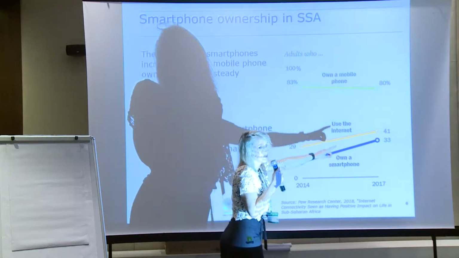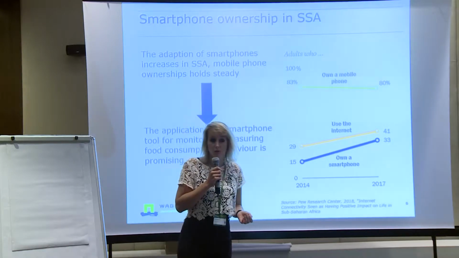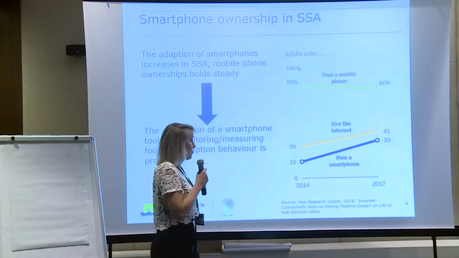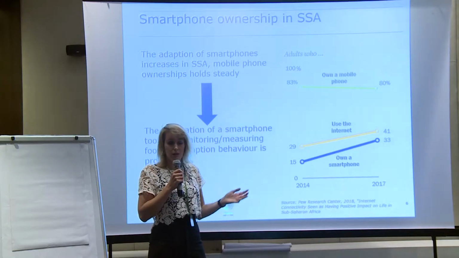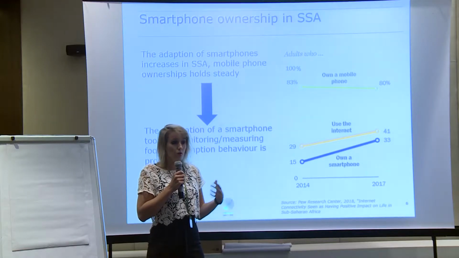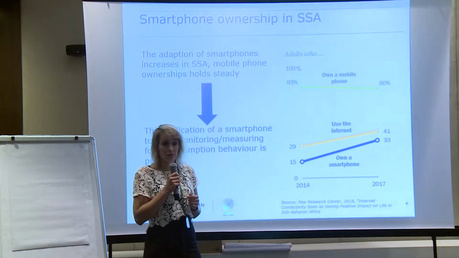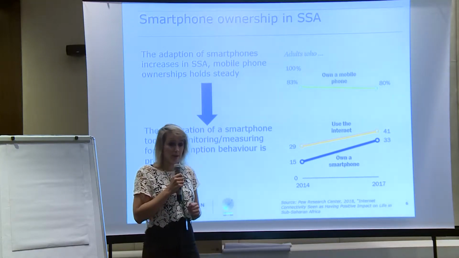About 1/3 of the adults owns a smartphone. And when you look at the numbers, it differs geographically across the world, because in Asia or in Latin America, the number of people that own a smartphone is higher than in sub-Saharan Africa.